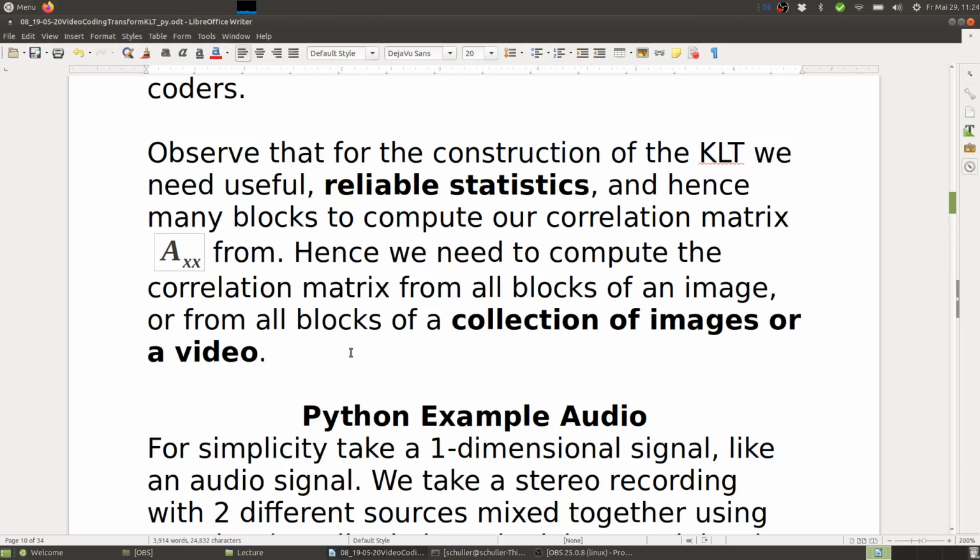If we have a video, we would take all frames and put them together in our matrix X, which would then be a really tall matrix. And we would need to do it for the rows and the columns, although usually the KLT for rows and columns should be very similar for natural images. So there should only be slight differences.